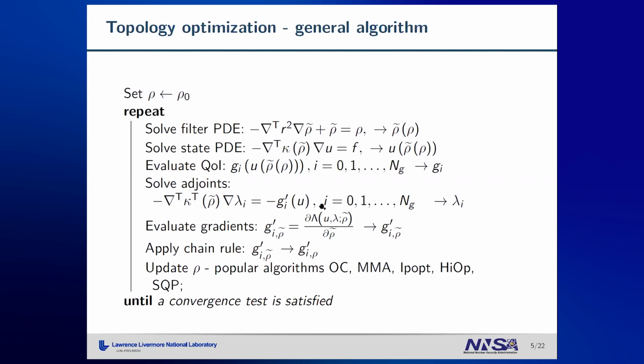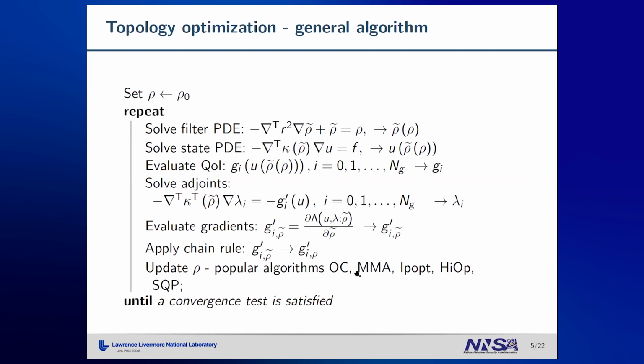And we solve a set of adjoint equations. Using the adjoints, we can evaluate gradients of our objective and constraints, and we can apply the chain rule because we have a transformation of the density in the filtering process. And we can obtain the gradients with respect to the original density discretization. Then we update the density using a popular algorithm.